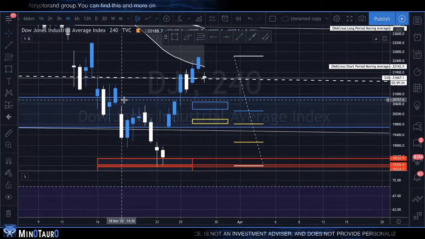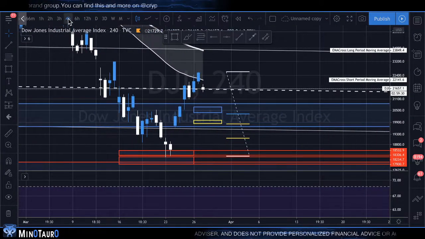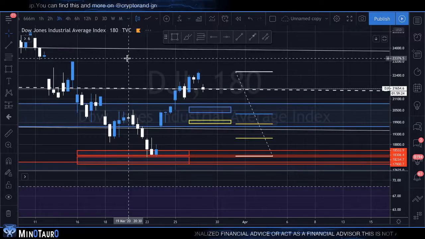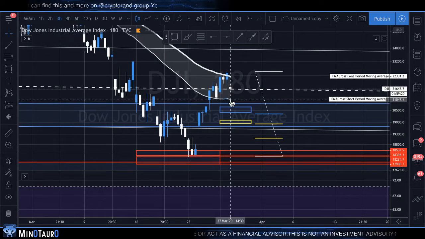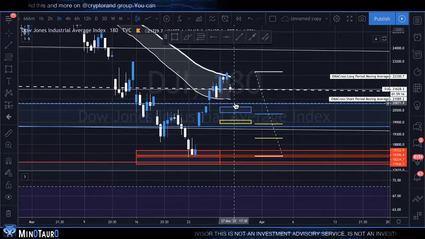Okay, so just put this in correlation with the ribbon under, because the ribbon over is resistance.